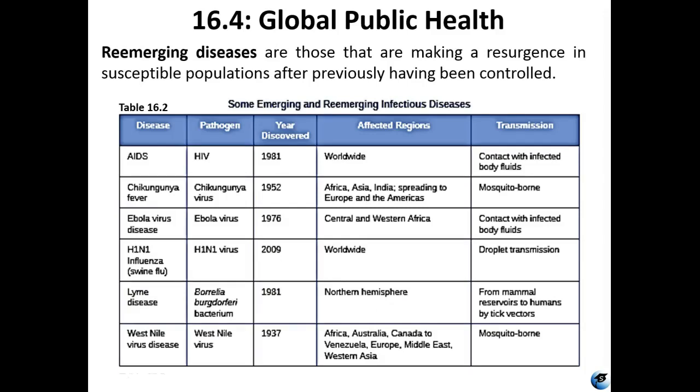And these are the ones that are really scary, because generally when you have a disease that's being suppressed or under control, that's because of medications, vaccines, antibiotics, things like that. For a disease to be re-emerging, it means either the antibiotics are no longer working, so you can have antibiotic resistance, right? Or the vaccines are becoming unavailable or difficult to produce.